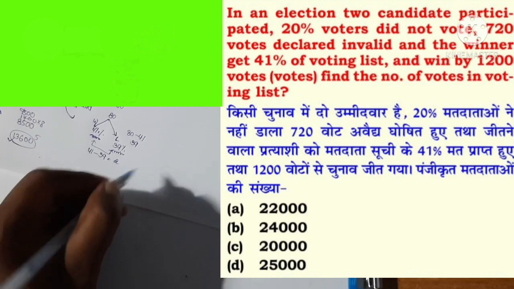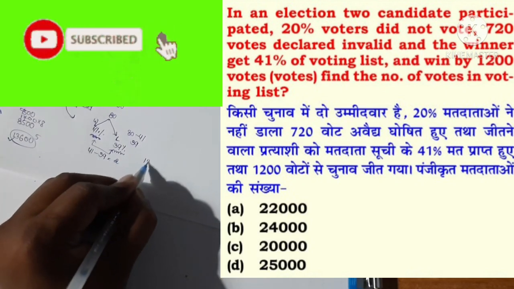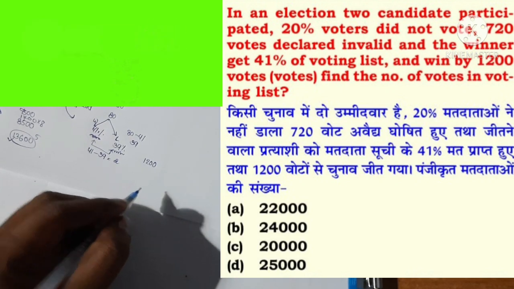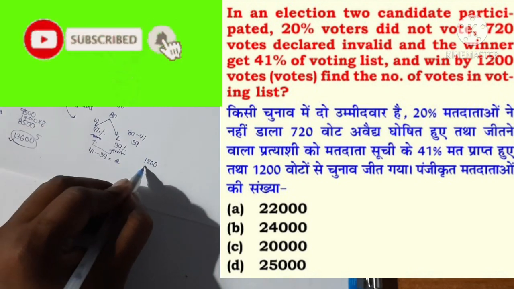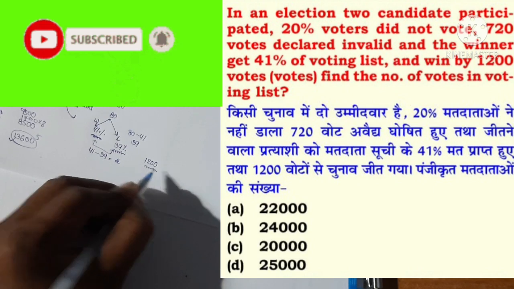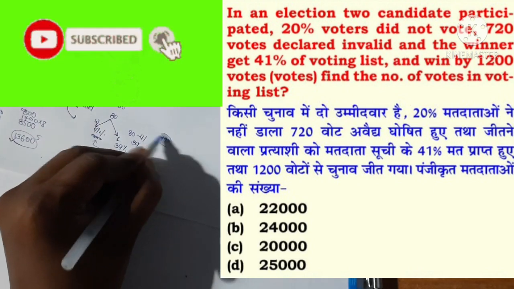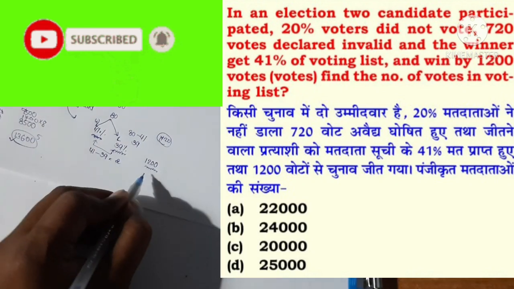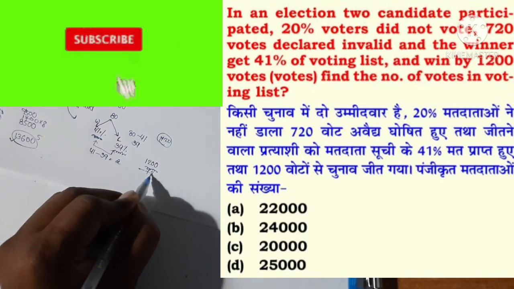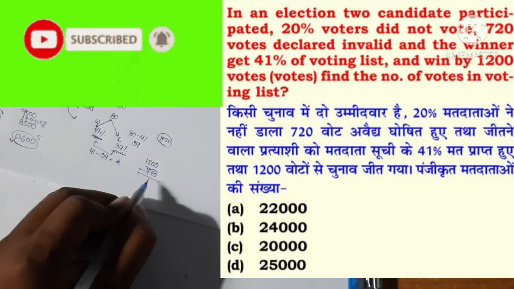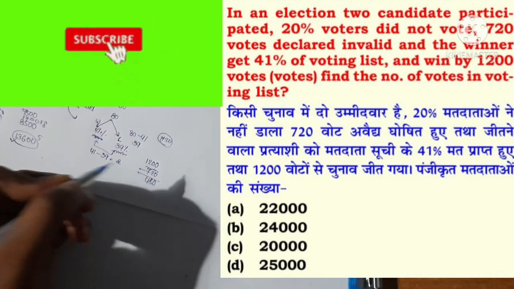So the difference is 1200. But in this 1200 votes, 720 votes are invalid, so subtract 720 from 1200. So the value is 480.